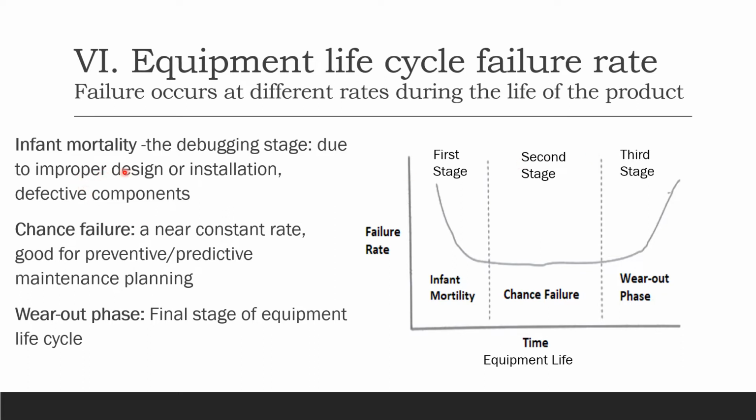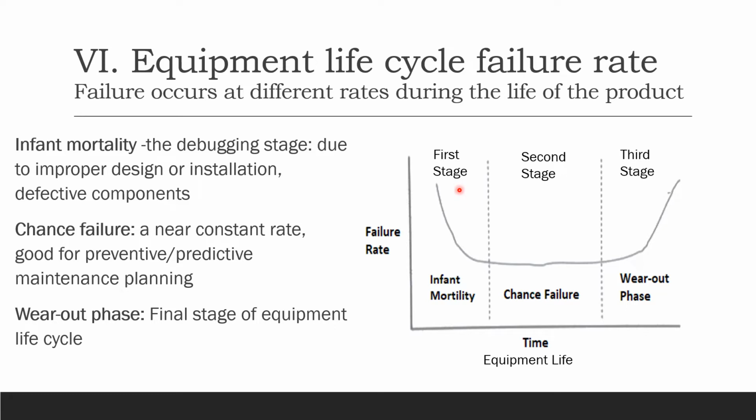Alright, so infant mortality is just a word. It is trying to tell you the first stage of your equipment life. Since we're dealing with life, we go with time. And here is the rate, the failure rate. Now we're looking at the different rates during the life of that equipment. So infant mortality is a debugging stage. That's your first stage.